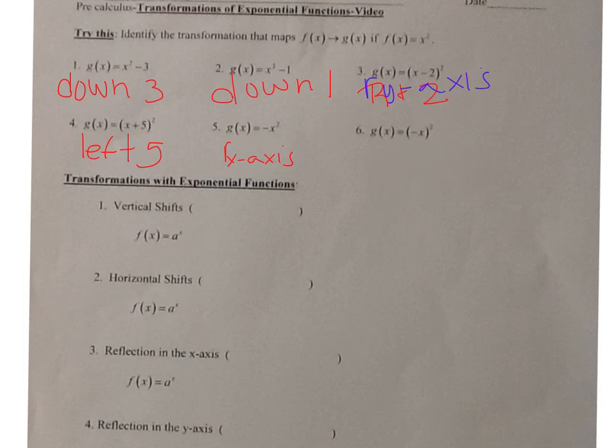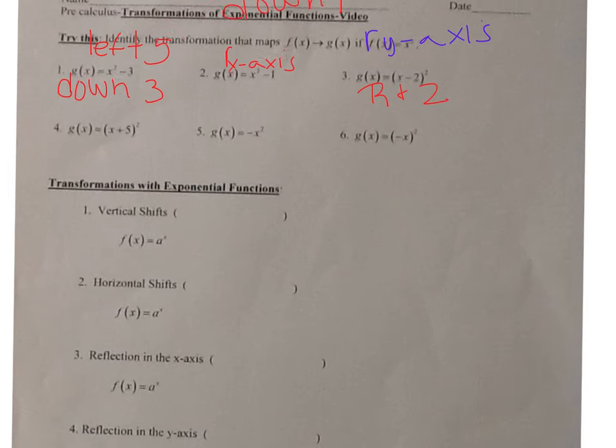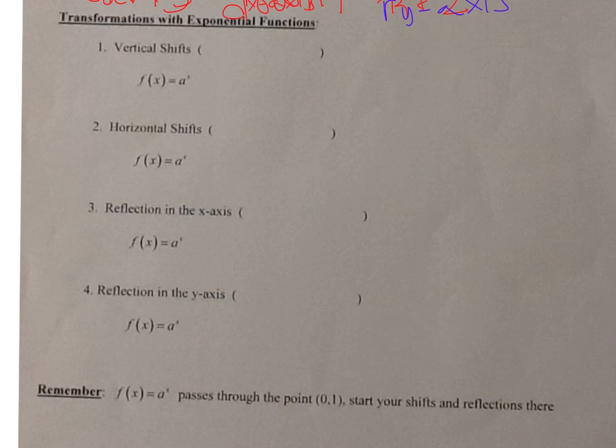All right, so let's write down our rules for transformations. So when we have vertical shifts, that's up and down, we are changing our y value. So that would be f of x is equal to a to the x plus b.